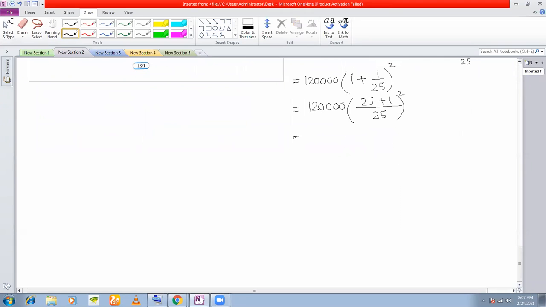So this is 1,20,000 into 25 plus 1, which is 26, divided by 25, and you have a whole square. Since 26 by 25 is a whole square, you can multiply it twice.